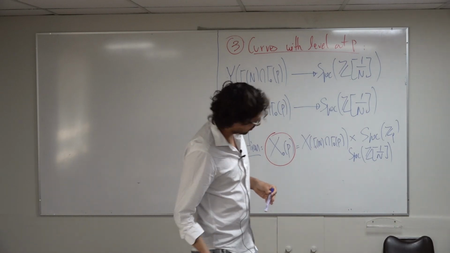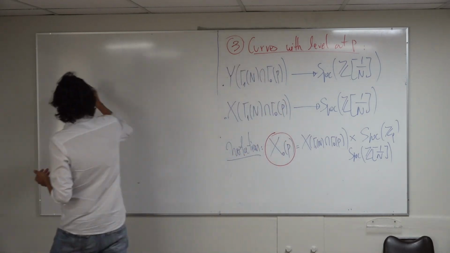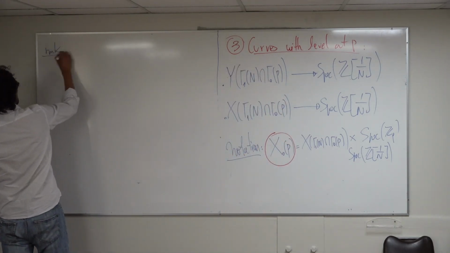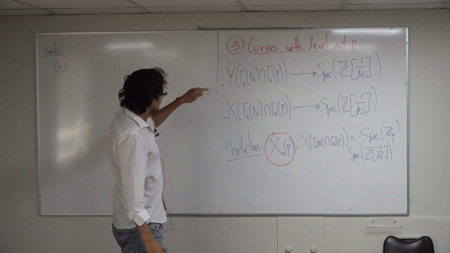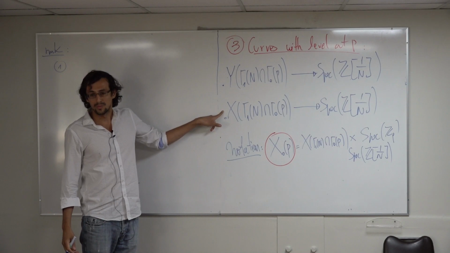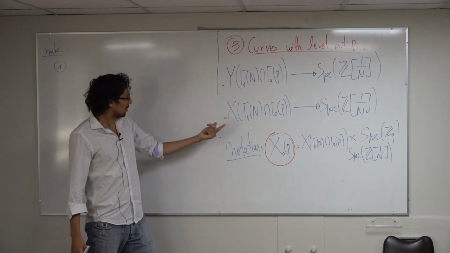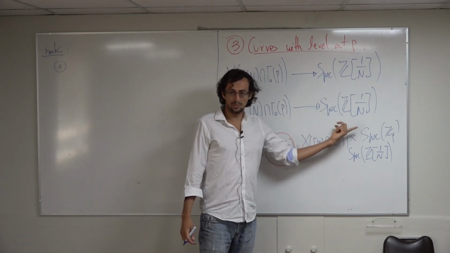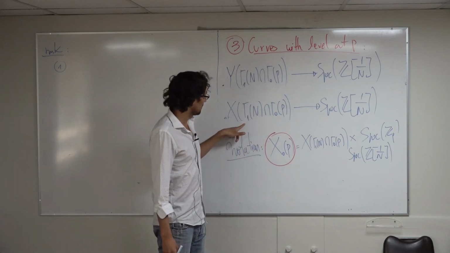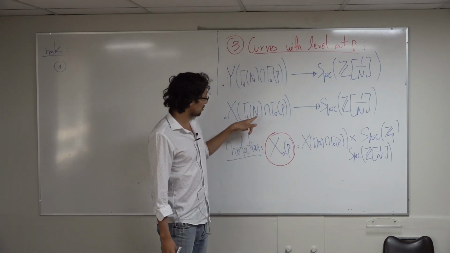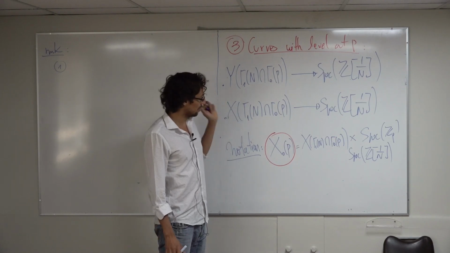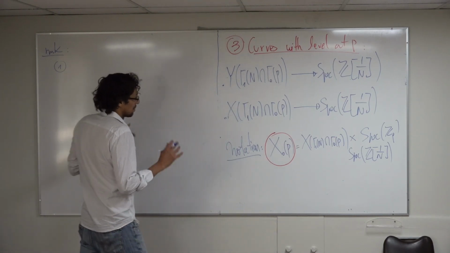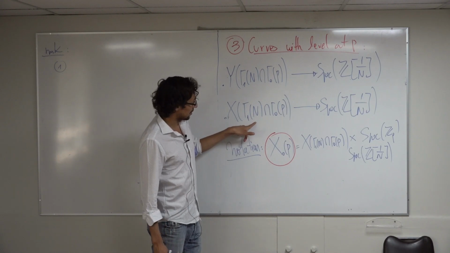Okay, some remarks before. The first one is that this curve is no longer smooth. Outside the level you have smoothness, but at primes in the level, it's not smooth at all. In particular, you have p in the level here.